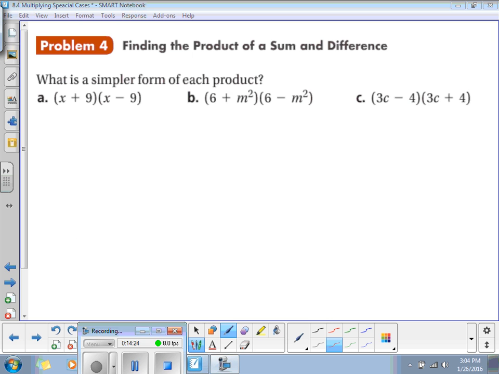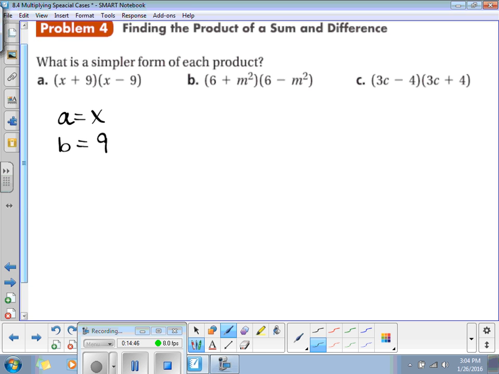So problem 4 is finding the product of a sum and difference. And again, all you have to do is know what your A is and know what your B is. Okay? So for example A is equal to x, B is equal to 9.